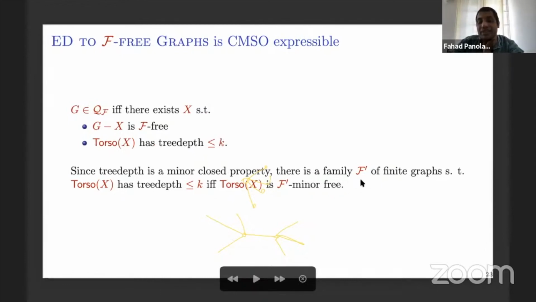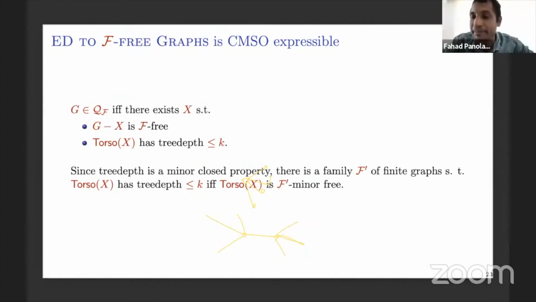In other words, there is a finite family F' of graphs such that the torso of X has tree depth at most k if and only if the torso of X is F'-minor free. This comes from the fact that minor-closed families are F'-minor free for some finite set F'.